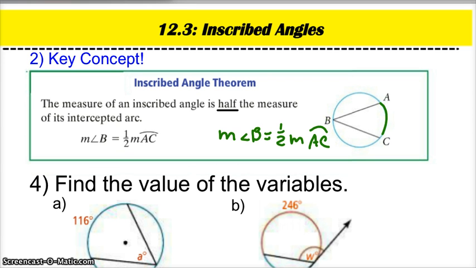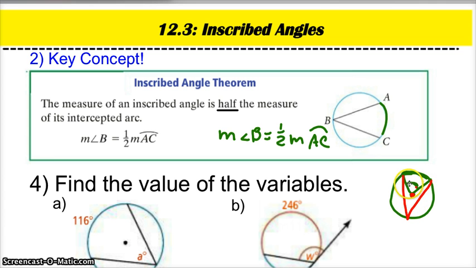Now when we did this before, we were dealing with central angles. When the angle is at the center of the circle, the angle and arc are identical. Here, what we're dealing with now is called the inscribed angle. So instead of the angle being at the center, the angle is now way back here on the circle.